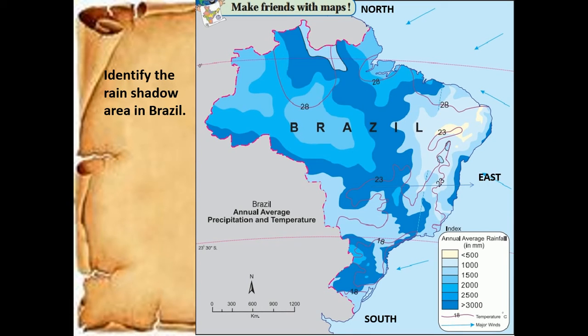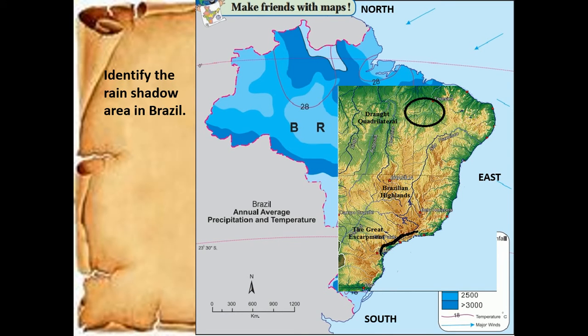Identify the rain shadow areas in Brazil. Now if you look at the rain shadow regions, see once again, you have the winds being obstructed by the great escarpments and the Brazilian highland.